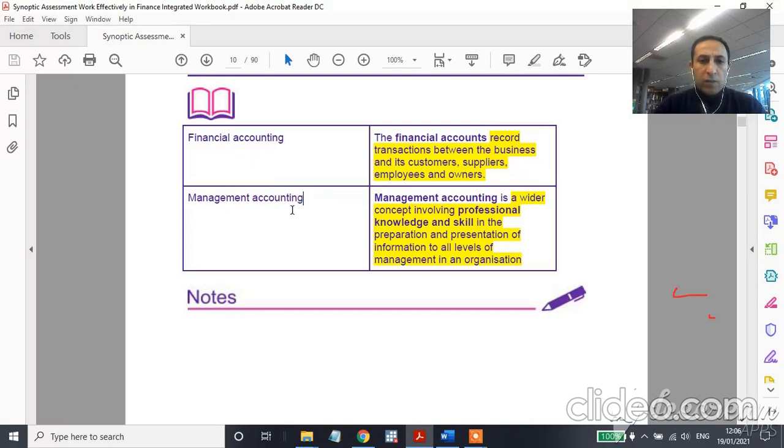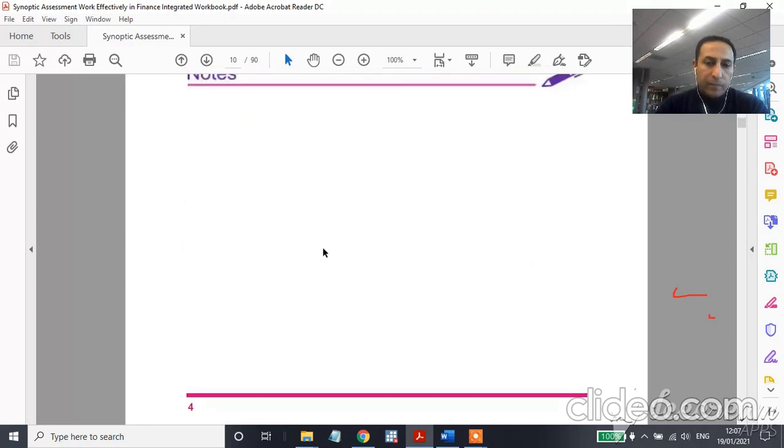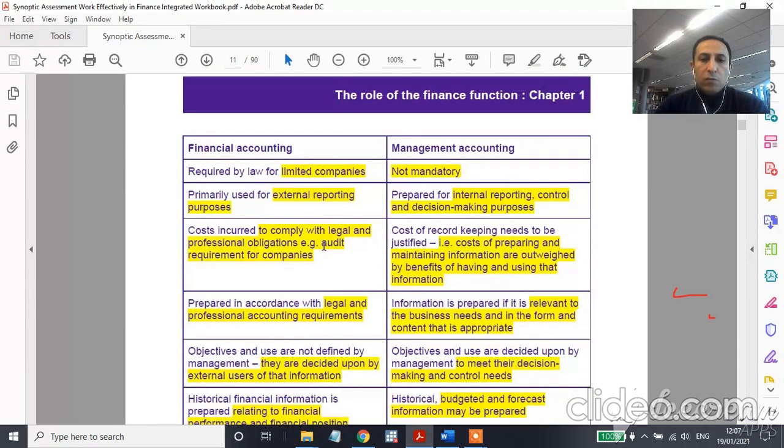Management accounting deals with internal issues, including preparing the budget, and is also responsible for controlling the organization and making strategic decisions, including investment. Okay, financial accounting and management accounting.